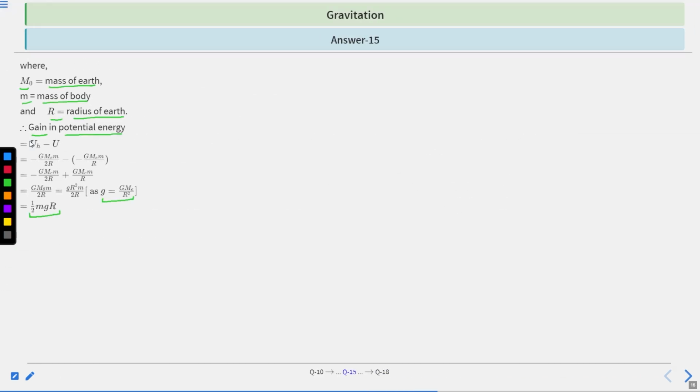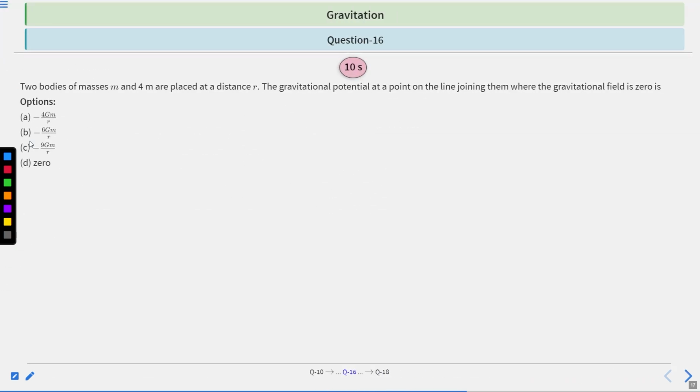Next question, question 16. Two bodies of mass m and 4m, clear, are placed at a distance r. The gravitational potential at a point on the line joining them where the gravitational field is 0. Clear? The question asks about a point where the gravitational field is 0.